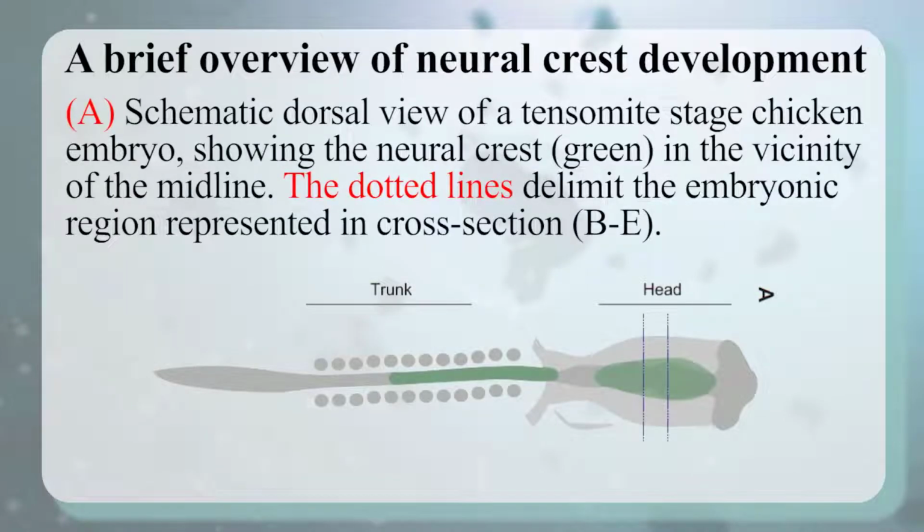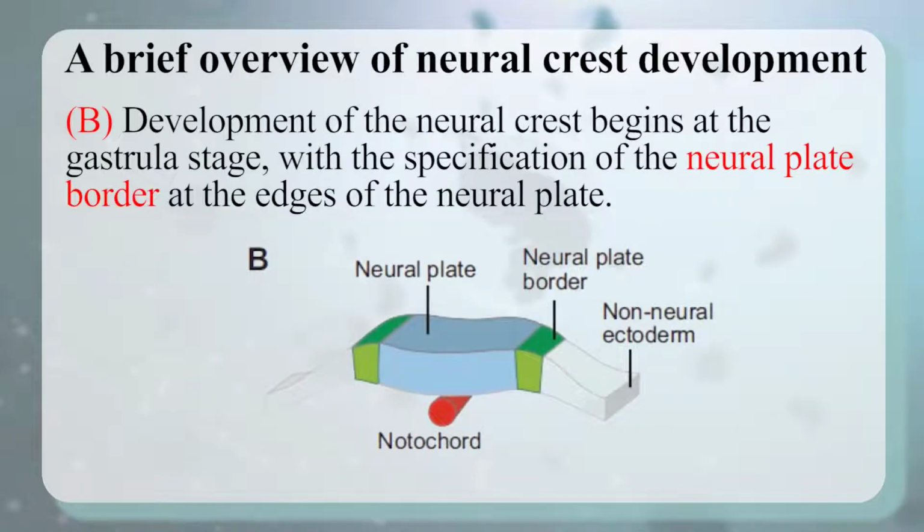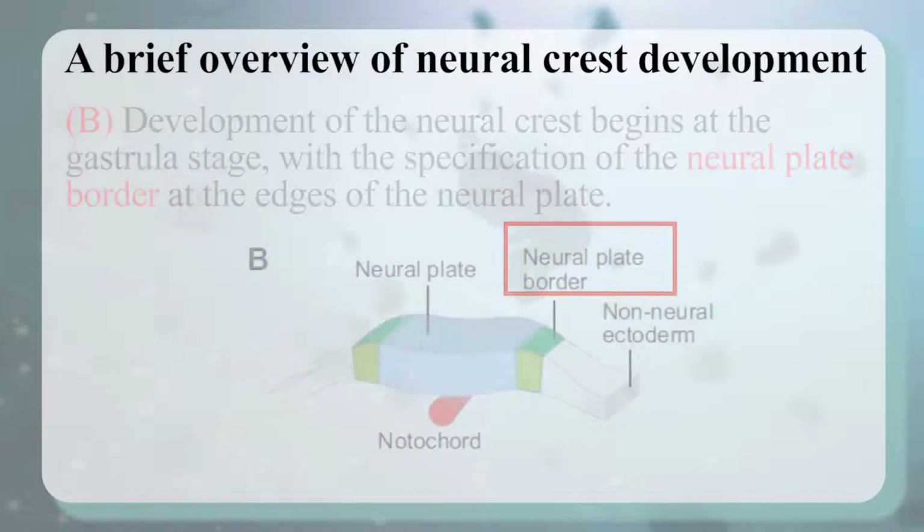Figure A shows a schematic dorsal view of a ten-somite stage chicken embryo, showing the neural crest in green in the vicinity of the midline. The dotted lines delimit the embryonic region represented in cross-section from Figure B to Figure E. Figure B, development of the neural crest begins at the gastrula stage with the specification of the neural plate border at the edges of the neural plate.